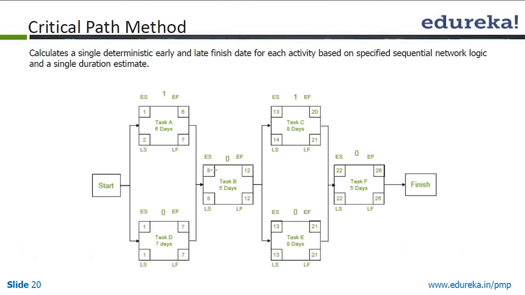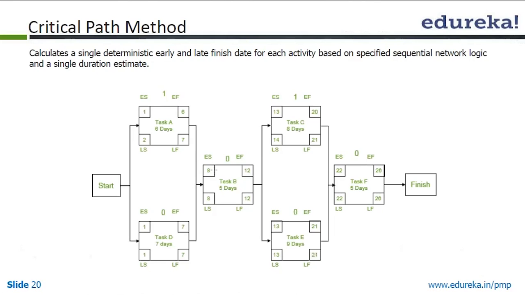So 21, then again you minus 8, that is 13, plus 1, 14 becomes the late start for C. Similarly, 21 minus 9 is 12, plus 1 is 13. So 13 becomes your late start.